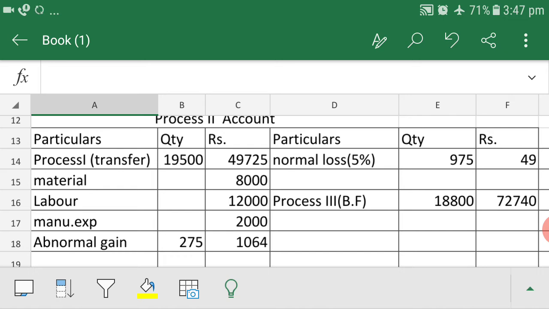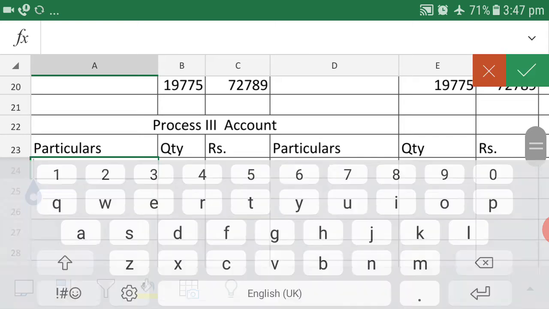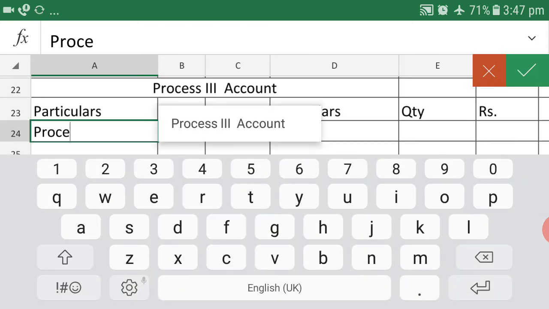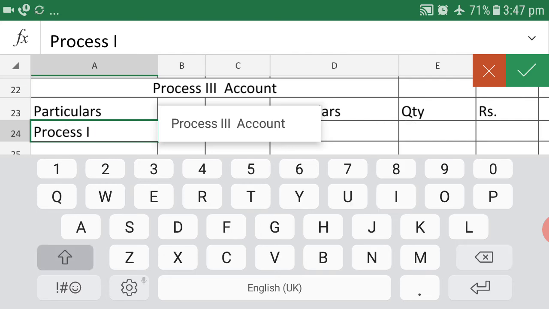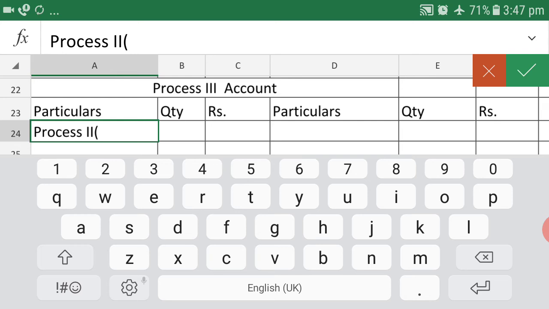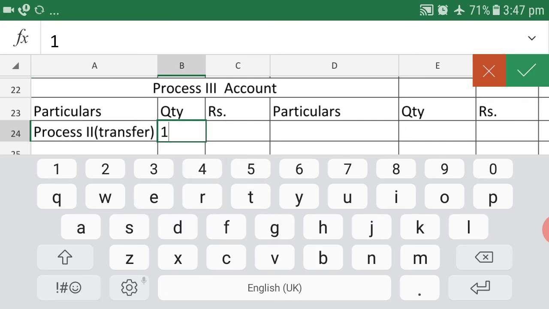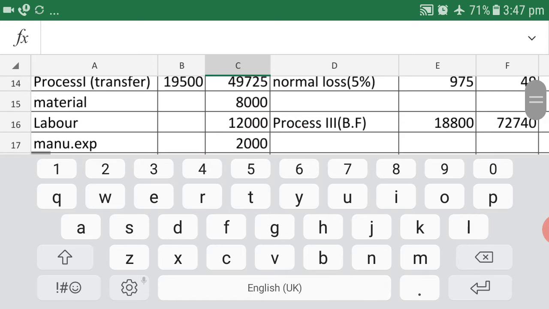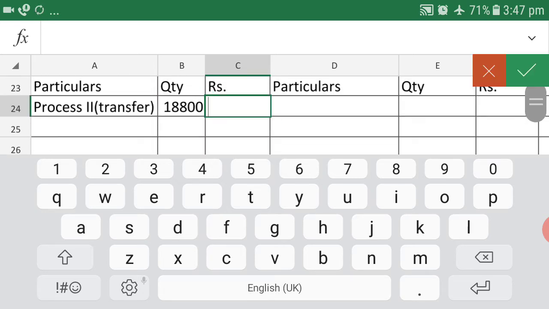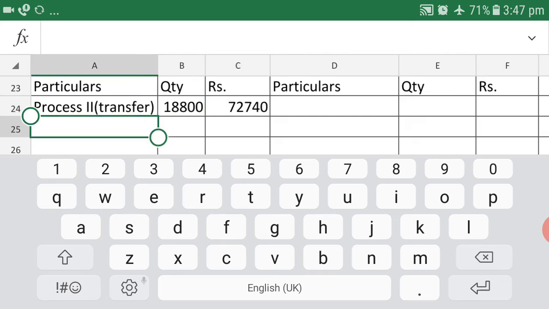That will be the opening of process 3 account, on the debit side of process 2 account. 72,740 is the opening of process 3 account, and other things.